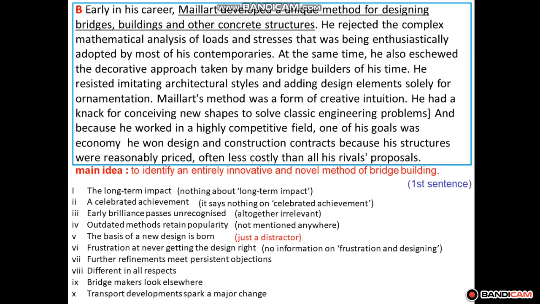Okay. Now the sixth one, no information on frustration and designing. Seventh, altogether irrelevant. And then the ninth one, altogether irrelevant. The 10th one, this is another distractor. Okay. And that's why this B is challenging here. We have two distractors here. But in fact the 8th one is the real heading, different in all respects when we look at the main idea. Okay, that's the best match here.